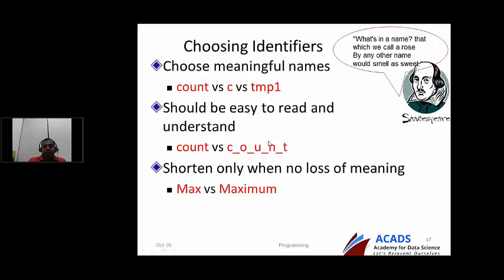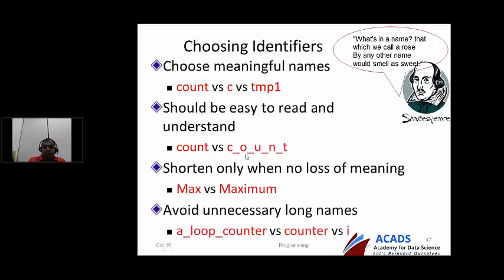You can shorten an identifier name when there is no loss of meaning. For example, the word max is used as commonly as the complete word maximum, and there are certain abbreviations which are very common. You can use them. And you should avoid unnecessarily long names.